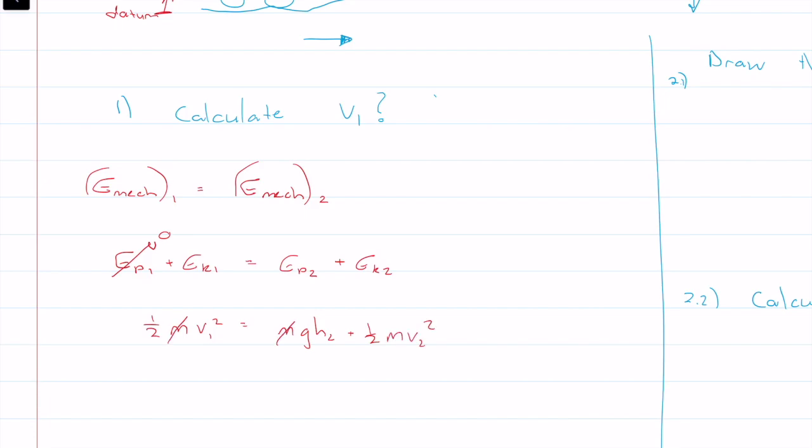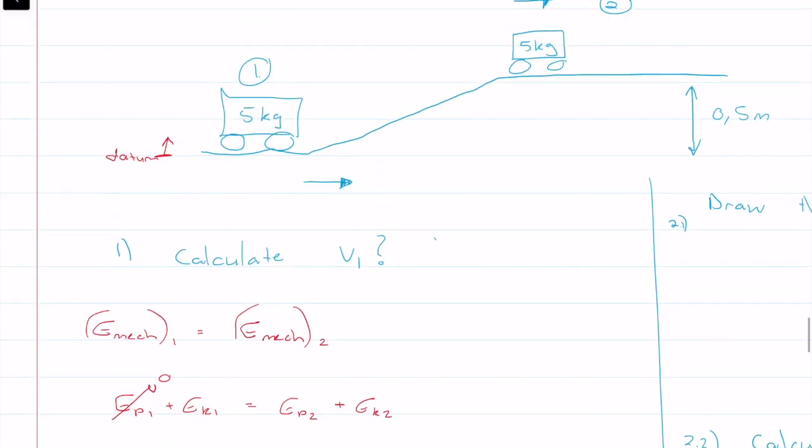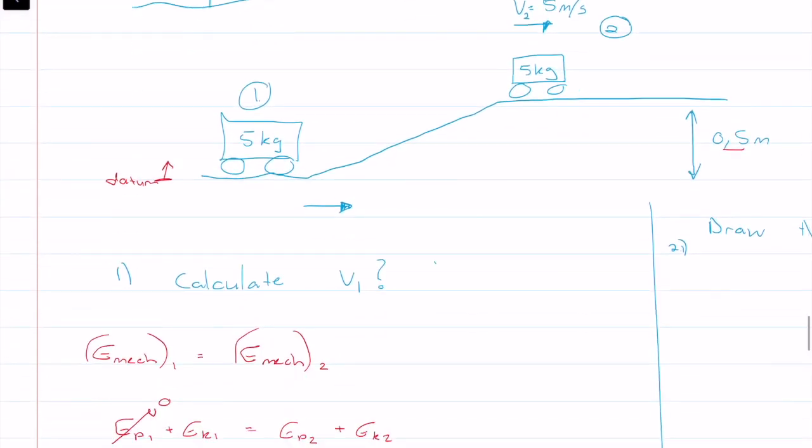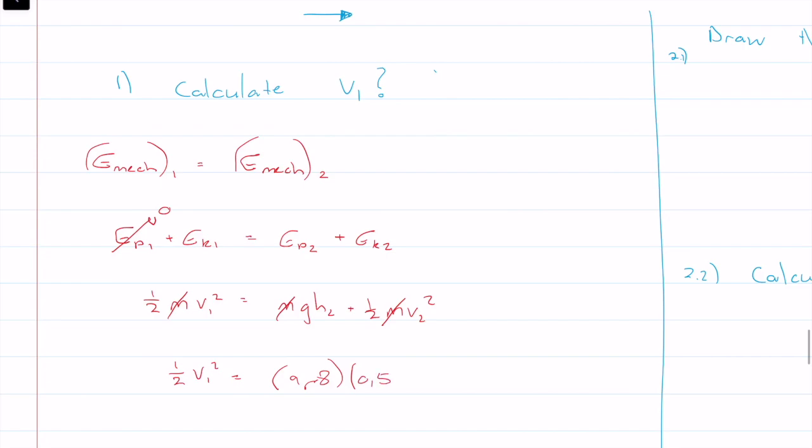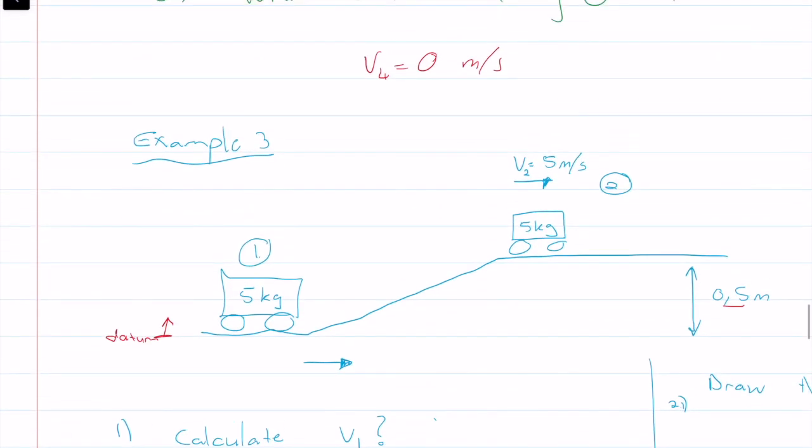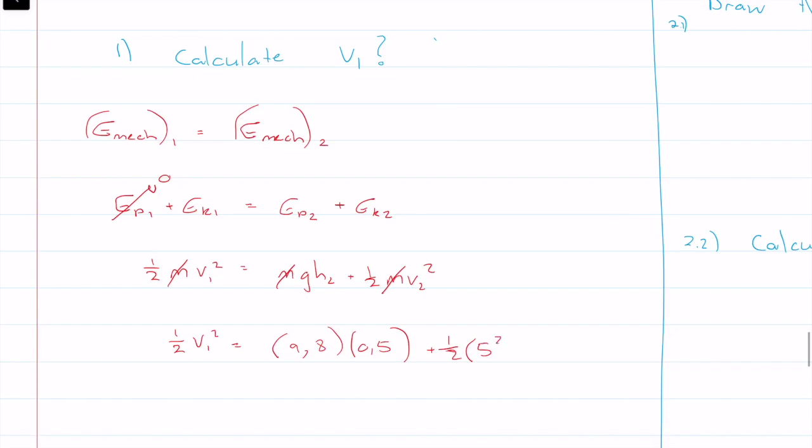Okay, these masses all cancel, so we're left with a half v1 squared is equal to g, which is 9.8, times our height at 2, which is 0.5 meters, plus a half times the v2, which is 5 squared.